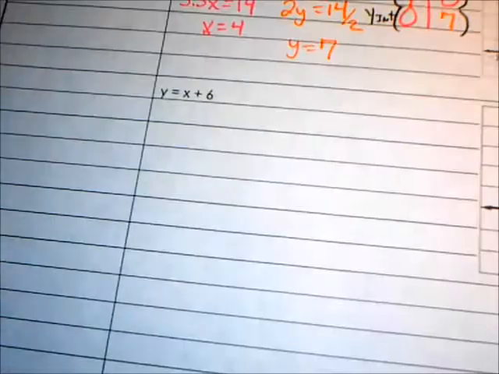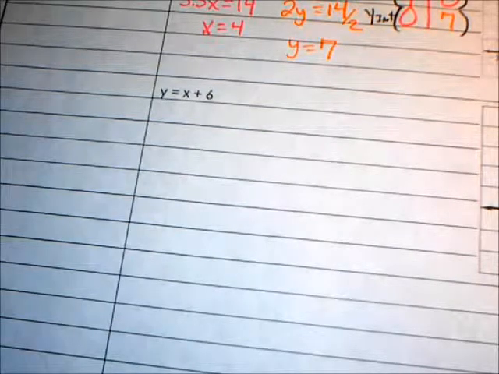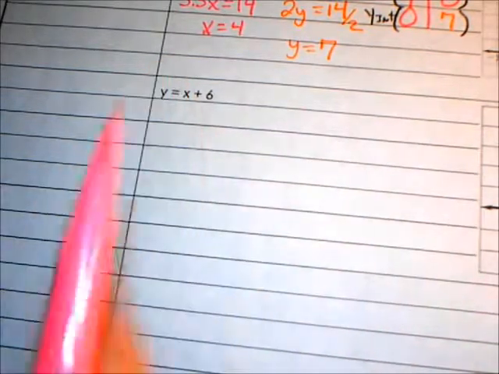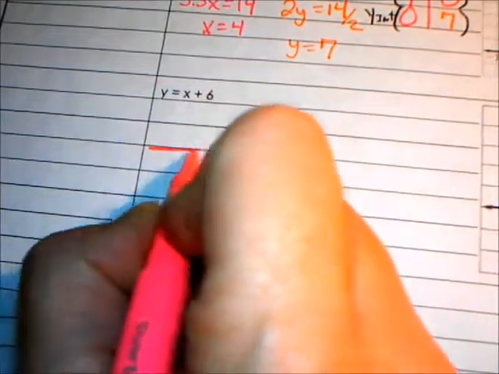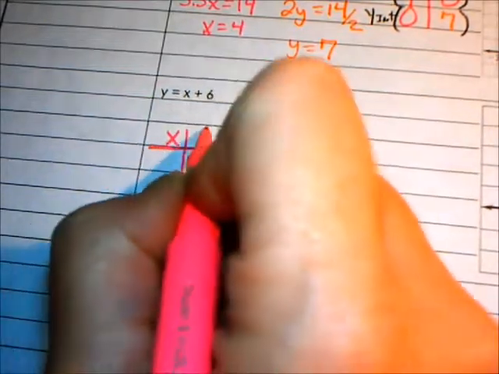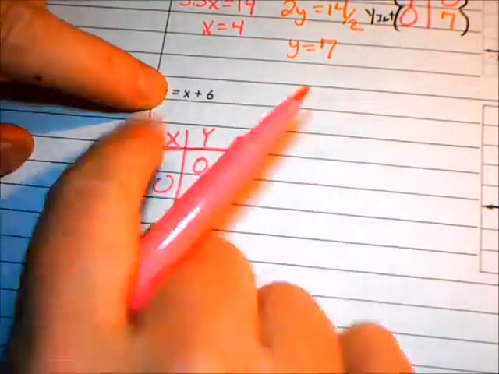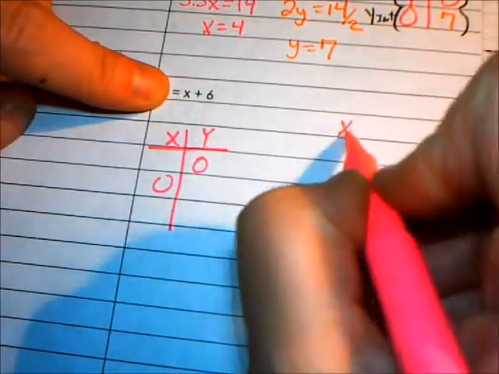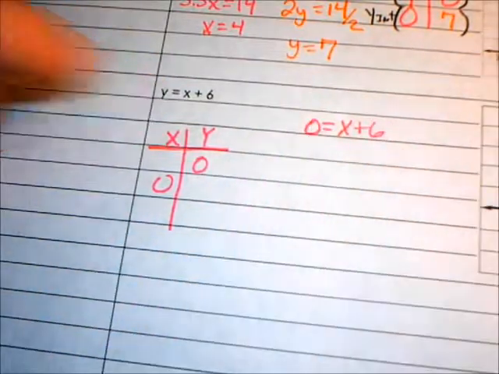Okay. Last example here is not written in the correct form to solve this equation, but if we work with it the way it is, we can be okay. If I plug in a 0 for the y and cover it up, I get just x plus 6, but because there's nothing on the left side, I do need a 0.